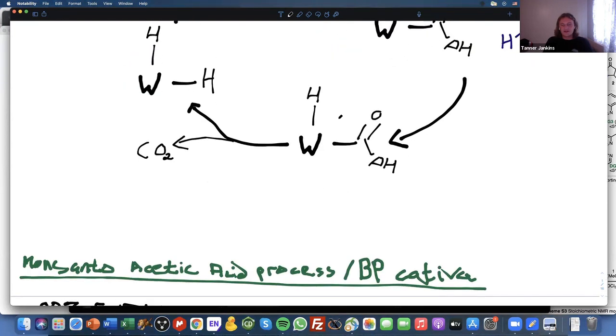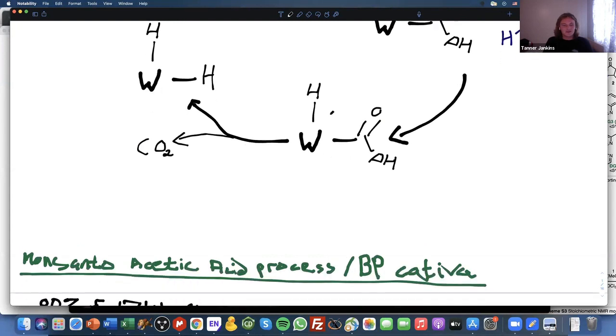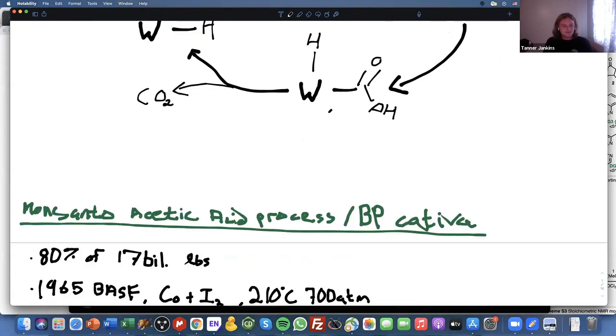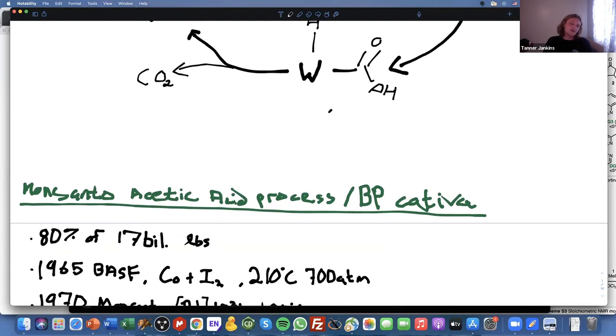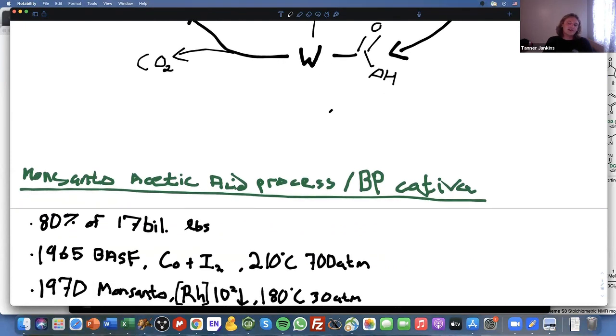So now we have some hydrogen and we can do all the chemistry we would ever want. And so next, we're going to move on to one of the seminal examples of carbonylation chemistry in industry, which is the Monsanto acetic acid process, and then the later developed BP Cativa process.